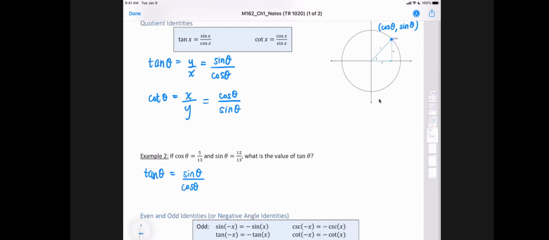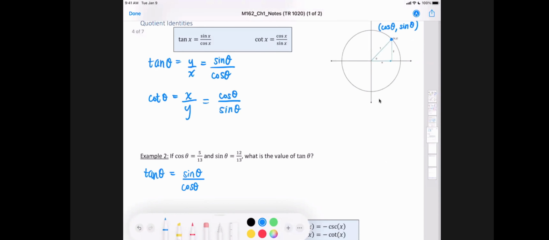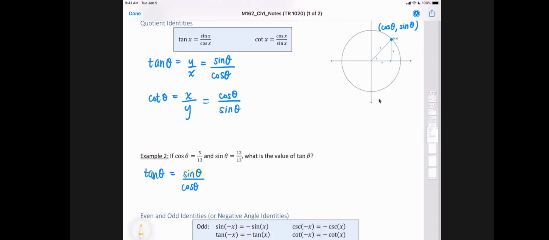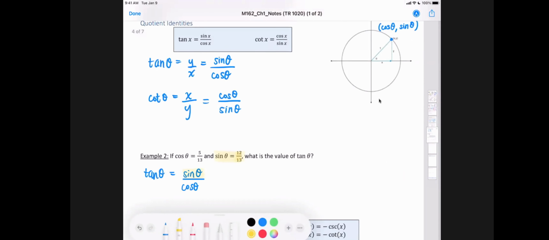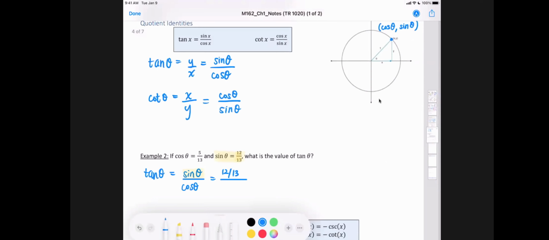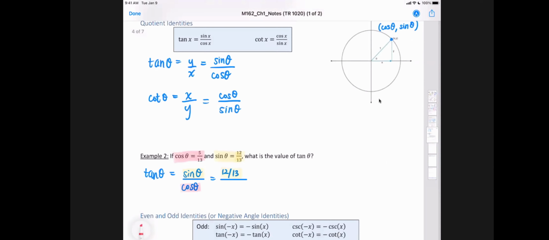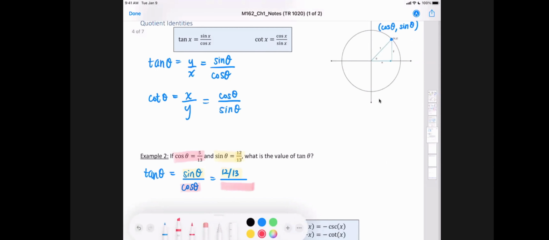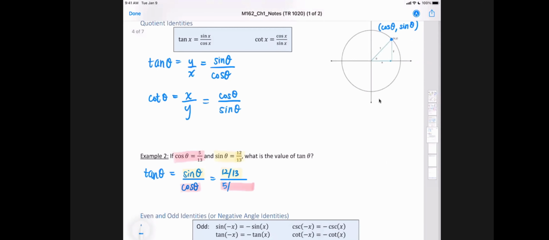Because we know the sine of theta is 12 over 13, we can substitute 12 over 13 in the numerator. And cosine is 5 over 13, so we'll put 5 over 13 in the denominator. And then just simplify this.